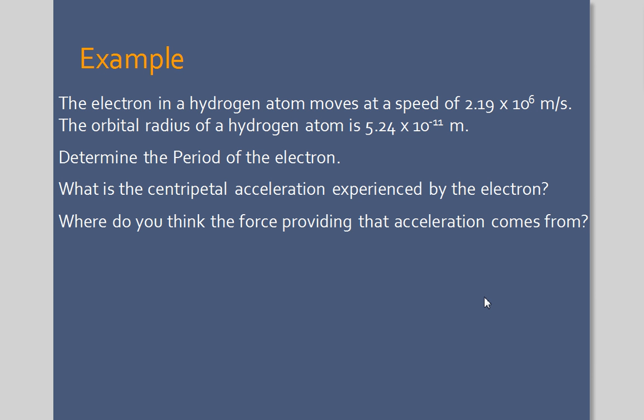Okay, the electron in a hydrogen atom moves at a speed of 2.19 times 10 to the 6, a very, very massive speed, and the orbital radius is 5.24 times 10 to the negative 11 meters. This is an old model of the atom from the early 1900s.